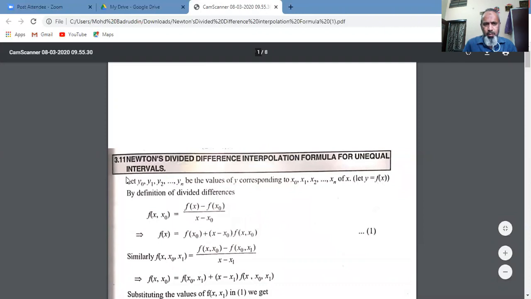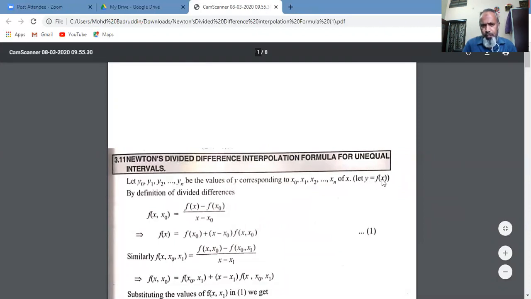In this, let y0, y1, y2, y3, ..., yn be the values of y corresponding to the values of x, that is x0, x1, x2, x3, ..., xn. It means at x = x0, the functional value is y0. At x = x1, the functional value is y1. Similarly, at x = xn, the functional value is yn, because y = f(x) is a function.